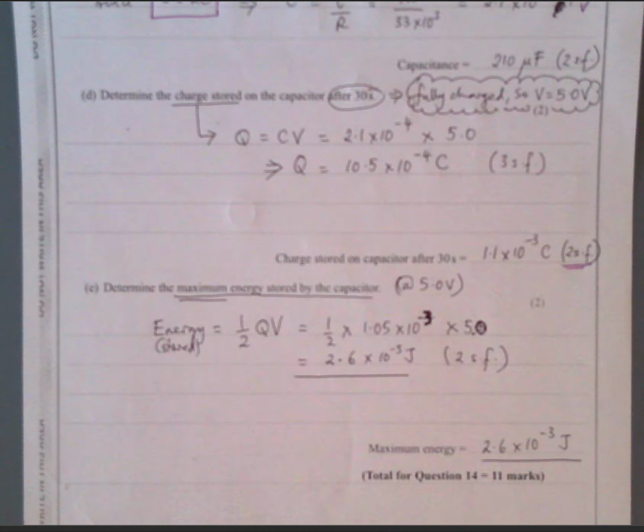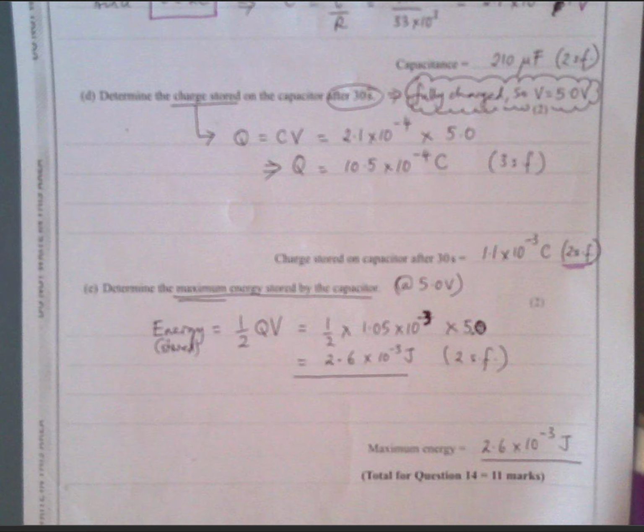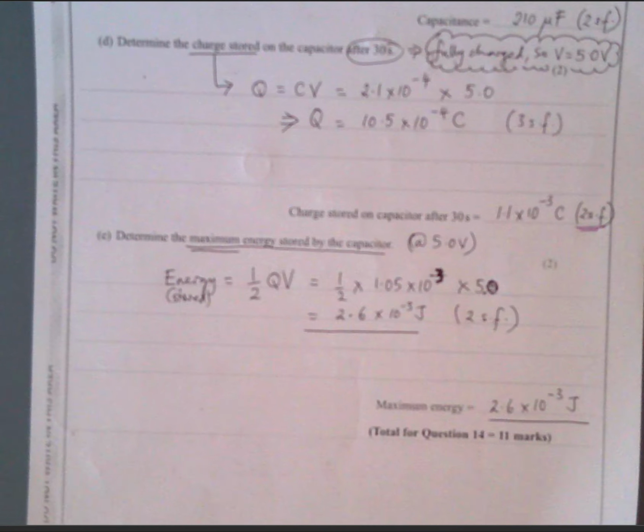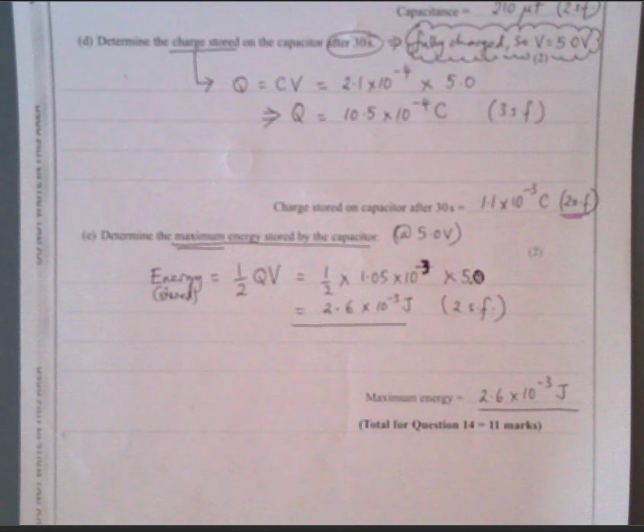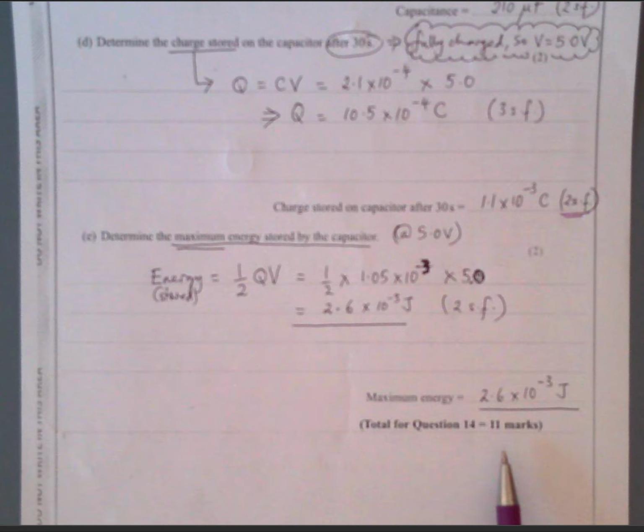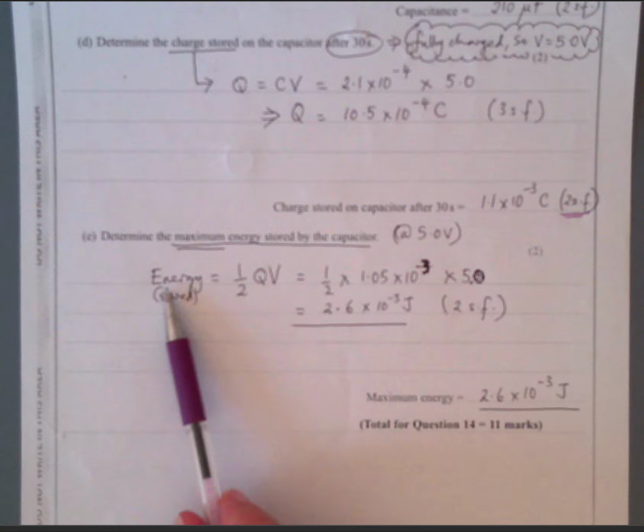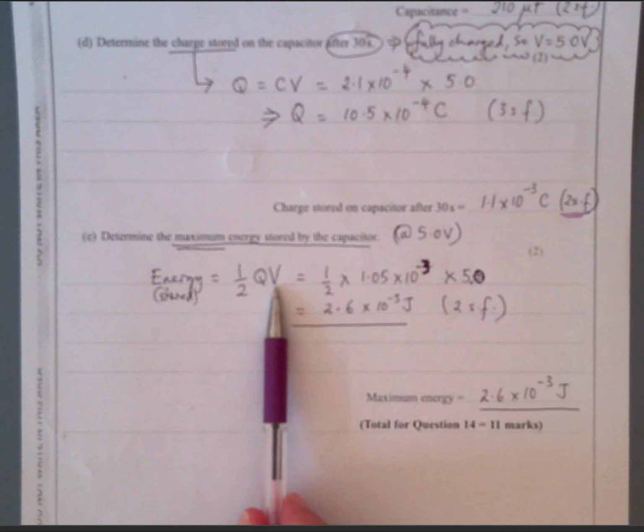Okay. Once you do that, looks like my camera's gone a little bit out of focus. Sometimes does that in dim lighting. Okay, but I think you can just about read it as we come to the end of the question. This is an 11-mark question, which I gave them as a mini assessment after they had just finished their core practical 11. So energy stored is half QV.